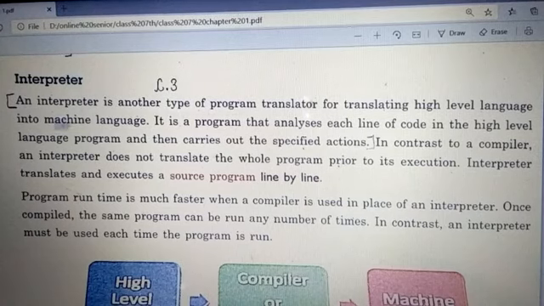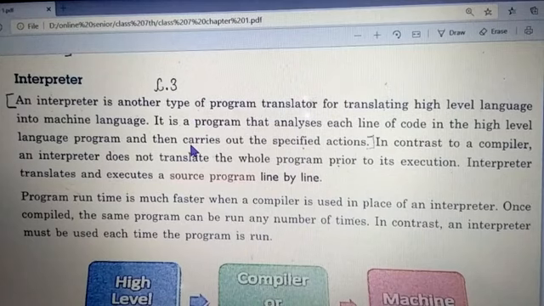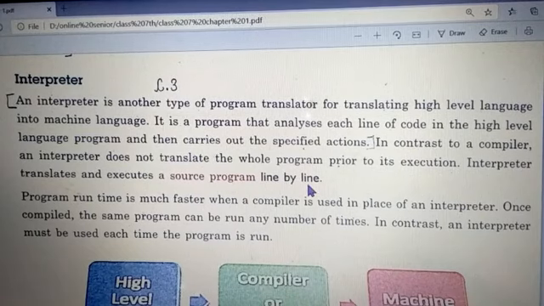So next is the interpreter, children. It is another type of program that translates high level language into machine language. The contrast between compiler and interpreter is that the compiler reads the entire set of information all together, but the interpreter reads the source program line by line.